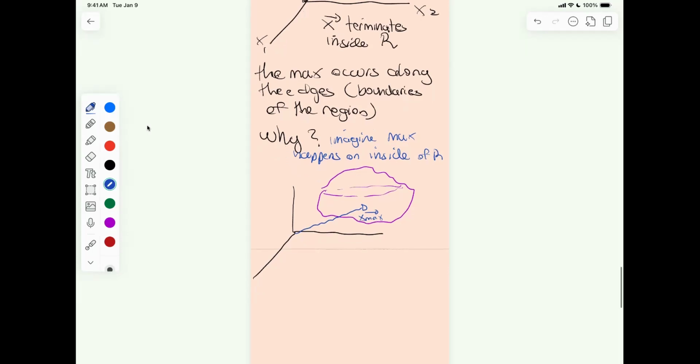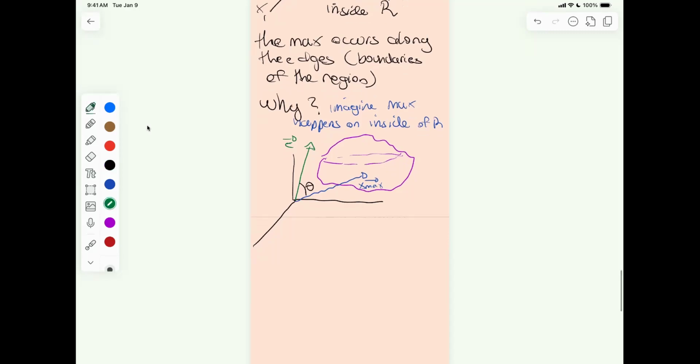Well, remember we have this vector C that we're taking the dot product with. I don't know where that vector is located. It doesn't really matter. Let's put it somewhere in here. I don't know where C is, but there's an angle between these two vectors. So what is C dot this maximum where you're saying it's supposed to happen?